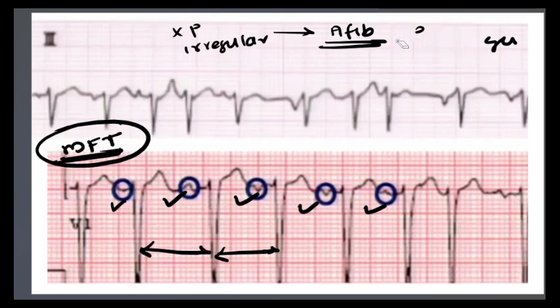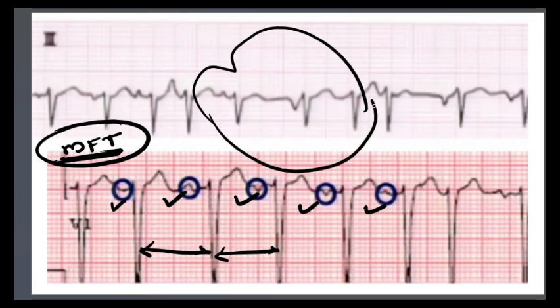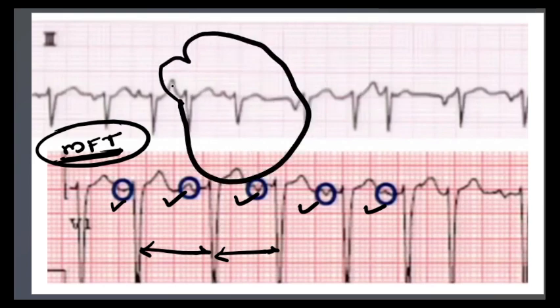So what is basically happening here is that if this is the heart, here is the SA node. Usually the SA node fires. That is why we have a regular heart rate, right? But in case of multifocal atrial tachycardia, different regions in the atria start firing at their own rate.